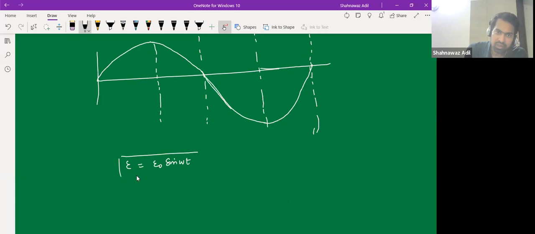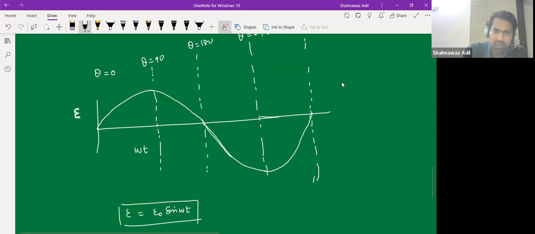Understood, everyone? So in this axis, I have, let's say, omega t, and in this axis, I have, let's say, E. You guys can see that this is what point?